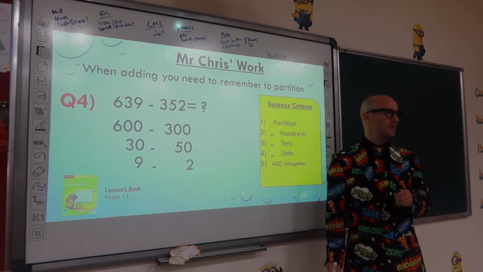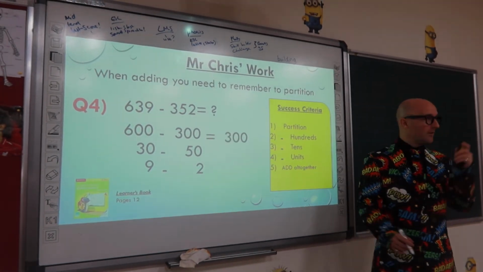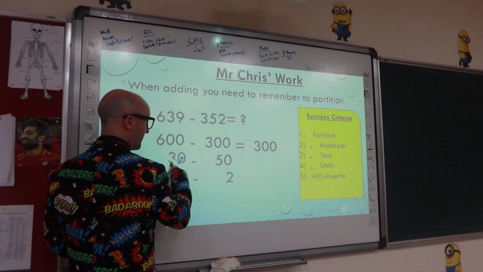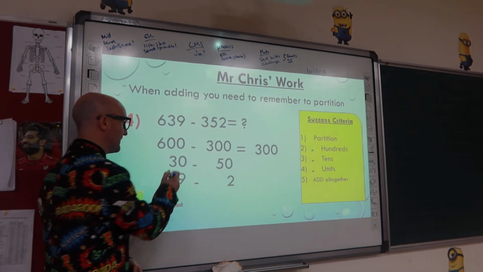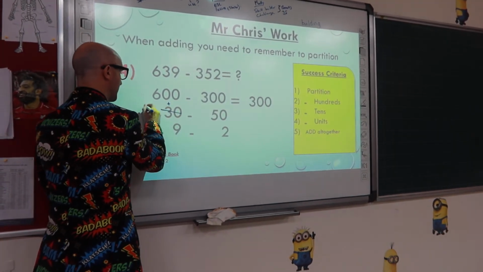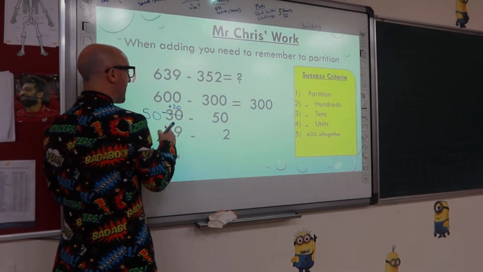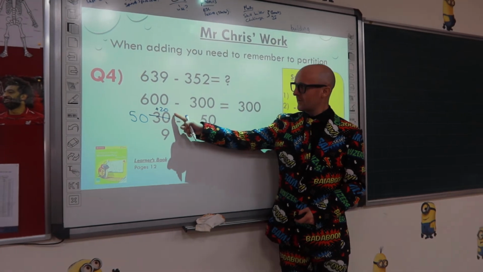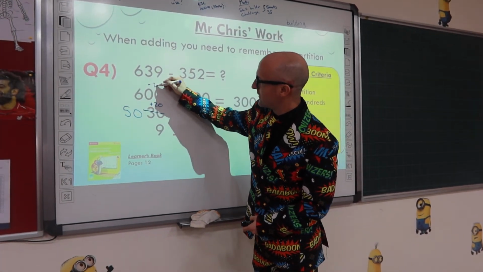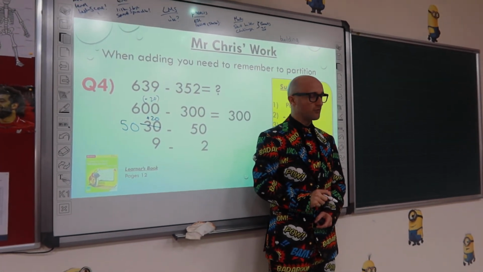Right. Now, fantastic. 600 minus 300. Excellent. Now, tricky question. Can we do 30 minus 50? So we need to work out how much do we need to add to turn 30 into 50? Yes, correct. Now, if I've added 20 here, what should I do to 600?